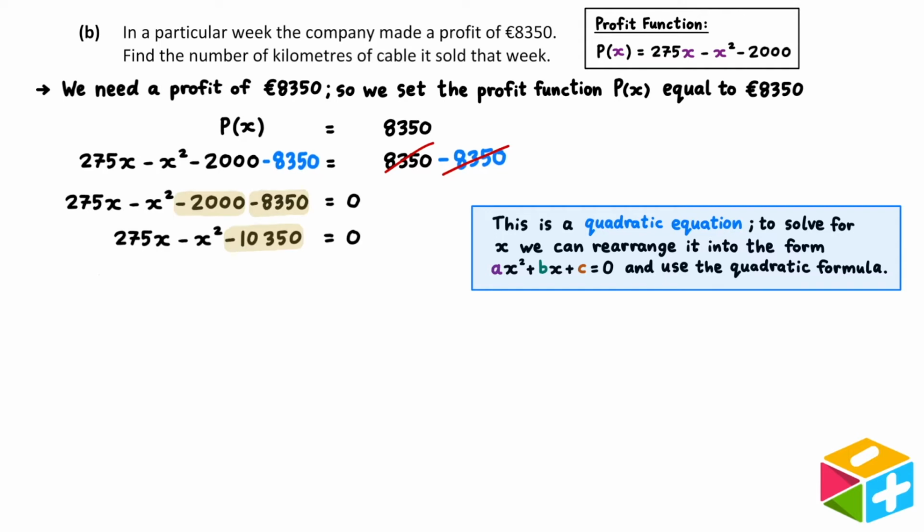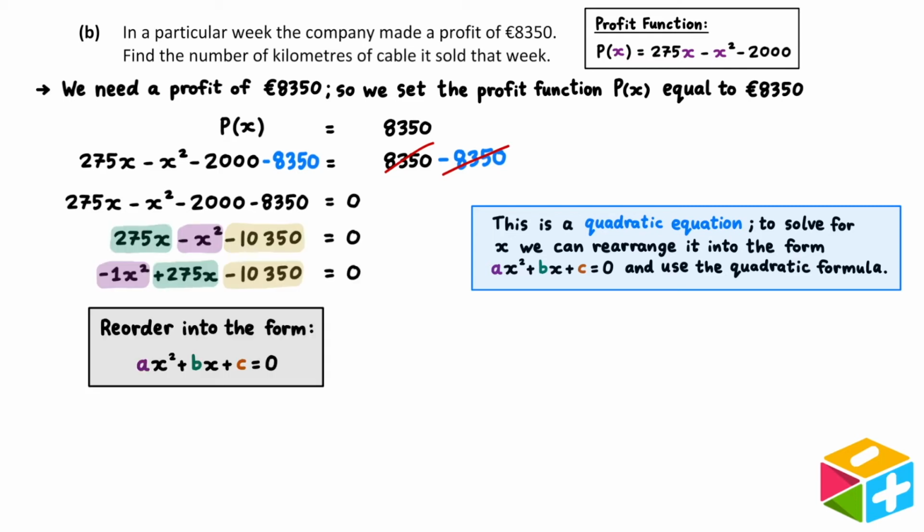Now, we can do some simplification by combining the number terms. Minus 2000 minus 8,350 is minus 10,350. From here, I'll reorder our calculation so that the x squared term comes first, the x term comes second, and the number term comes third.